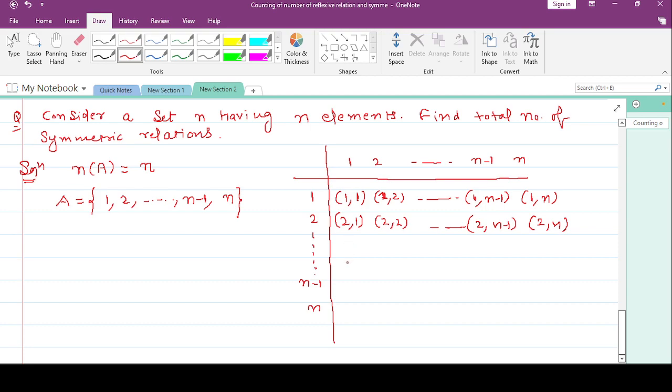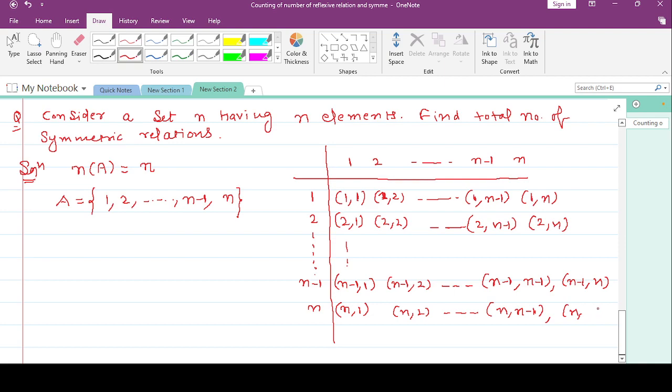Likewise, here it is (n minus 1, 1), (n minus 1, 2), (n minus 1, n minus 1) and (n minus 1, n). Next are (n, 1), (n, 2), (n, n minus 1), and (n, n).